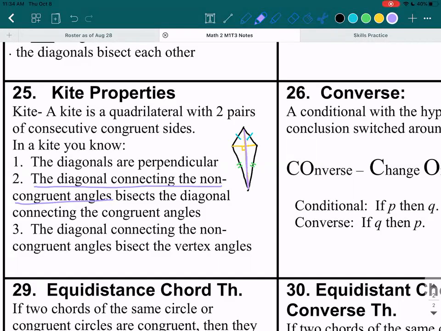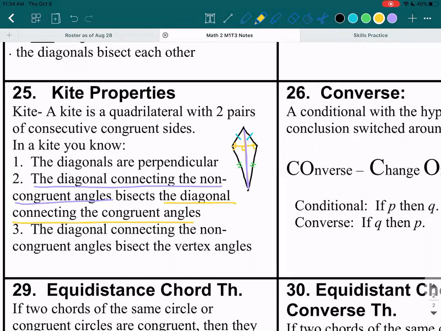So the purple diagonal bisects the diagonal connecting the congruent angles. It bisects the yellow one. So the yellow diagonal gets cut in half. The yellow diagonal is the one connecting the congruent angles because if you look over here at this and that, those are congruent angles. So that yellow diagonal gets cut in half by the purple diagonal. That's what that number 2 means.